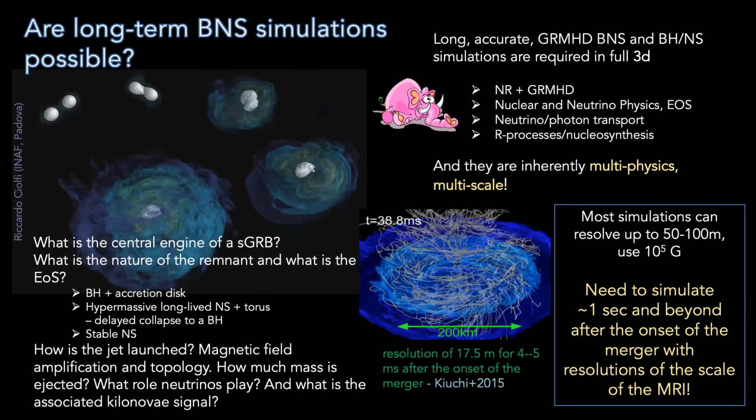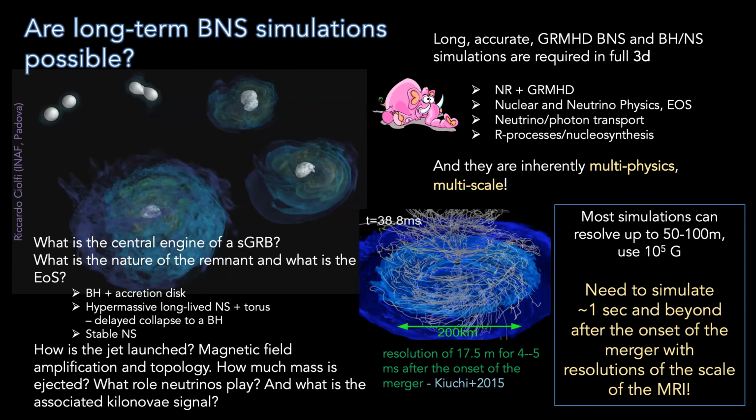I'm going to address some other questions here about binary neutron star simulations and whether long-term simulations are possible. These are very challenging simulations, as you know, but they're very important because they are at the core of multi-messenger astronomy.